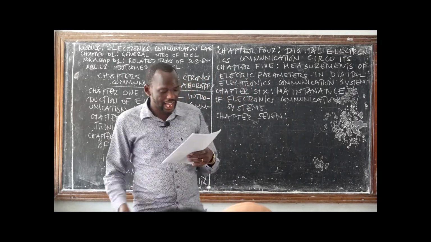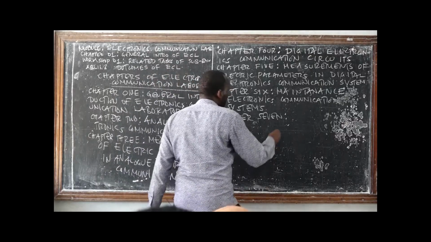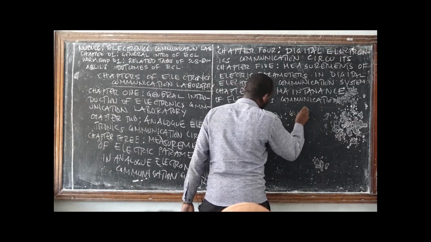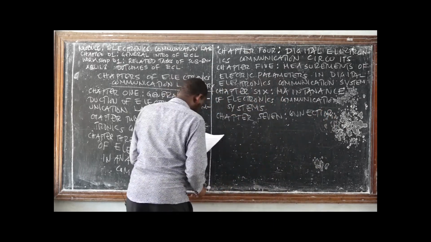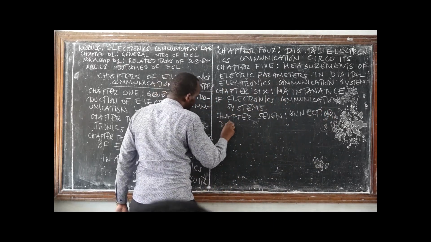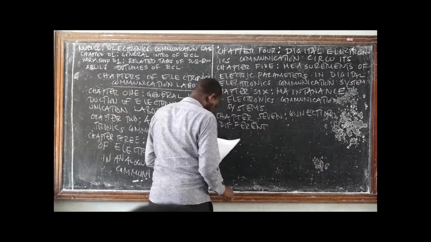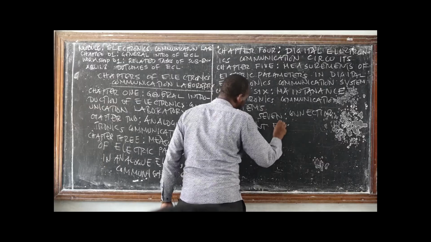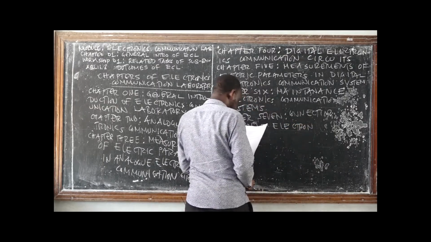So the 7th chapter is connecting different electronics communication system parts. Ask your neighbor: chapter 7 relates to which sub-enabling outcome? Tell your neighbor you are just starting. This is your first lecture for today.